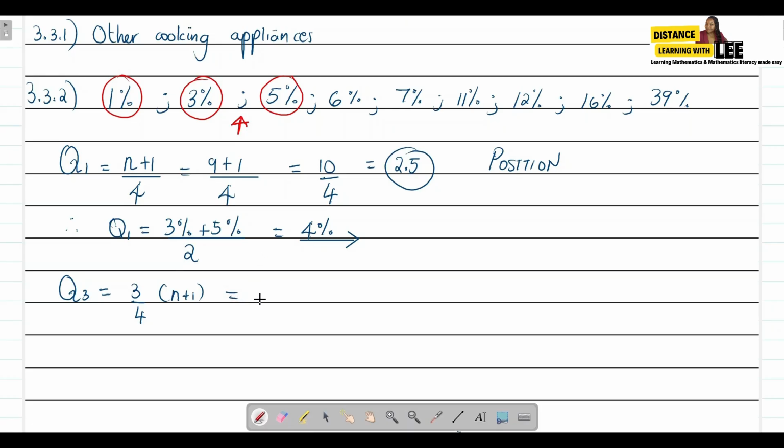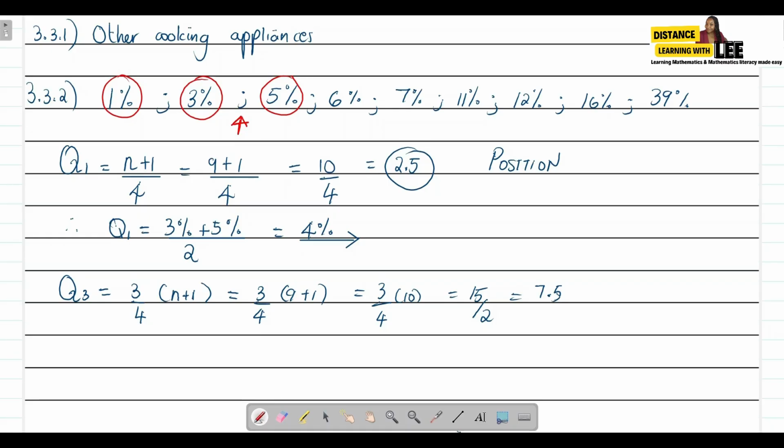So it's 3 divided by 4 times 10, and that is 15 divided by 2. 15 over 2 is the same as 7.5, meaning that our Q3 is the value that is in the 7.5th position.